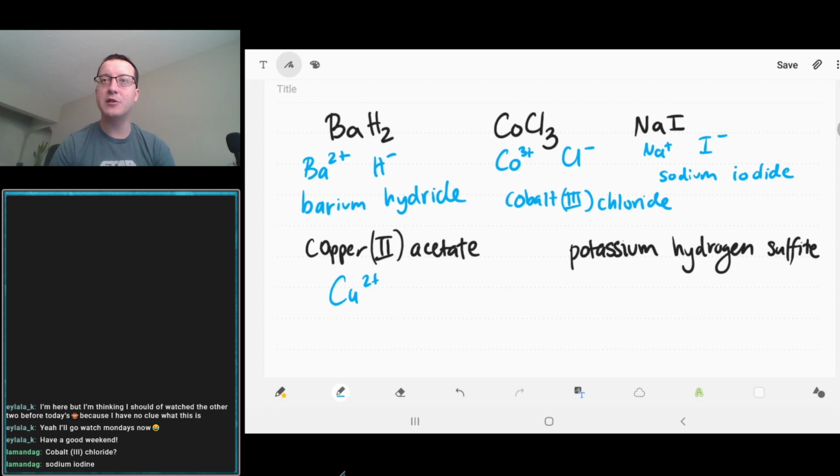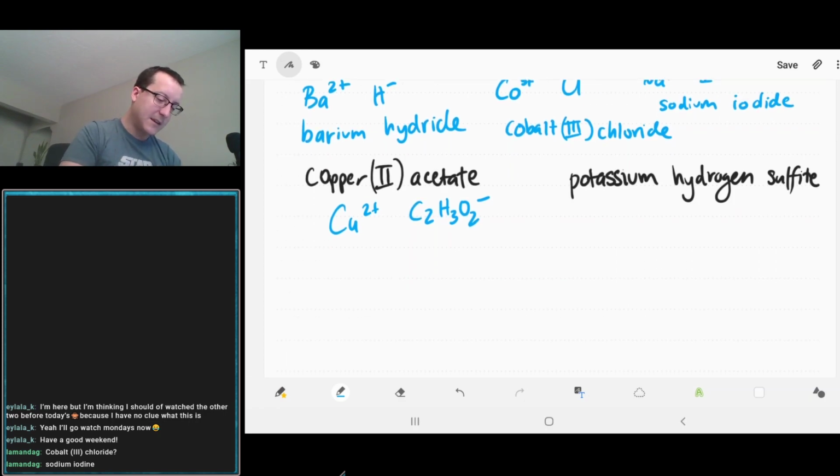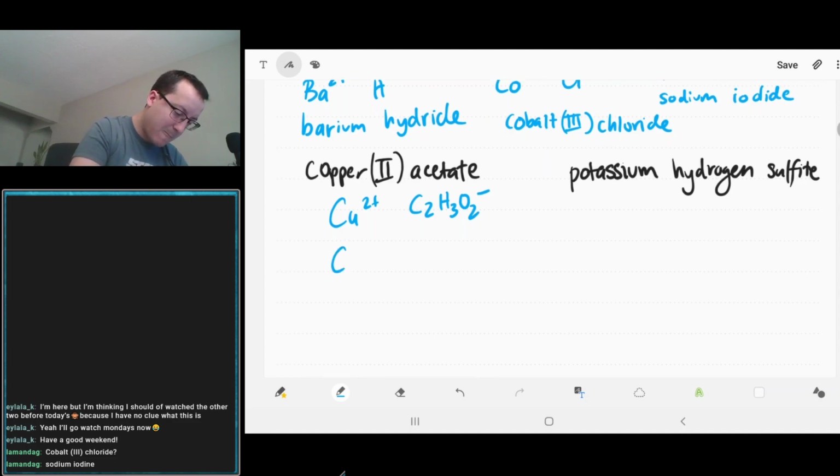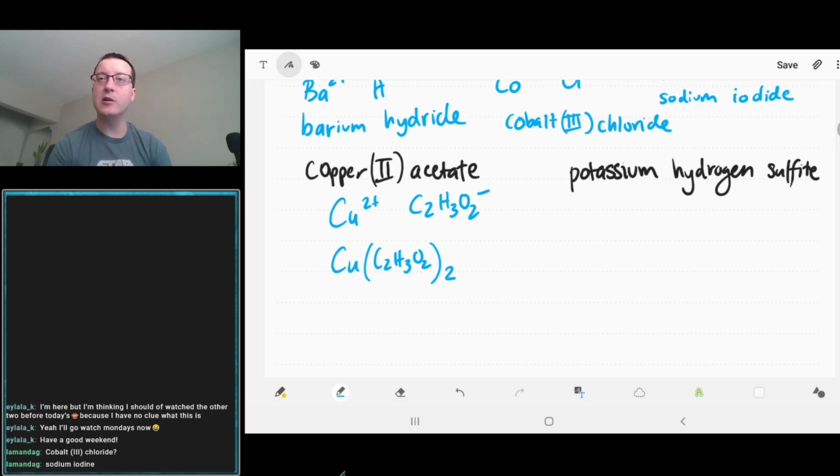So copper 2 tells us we have Cu2 plus, and we have acetate, which we'll find on our table of polyatomic ions. We can see here that we're going to need 2 acetates to balance out the copper. And so we would put them together like that.